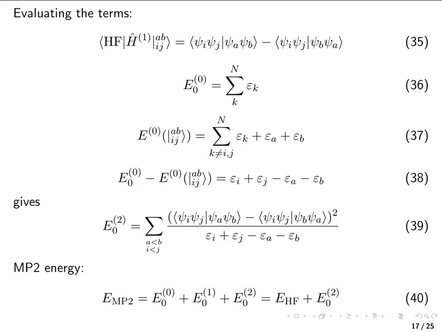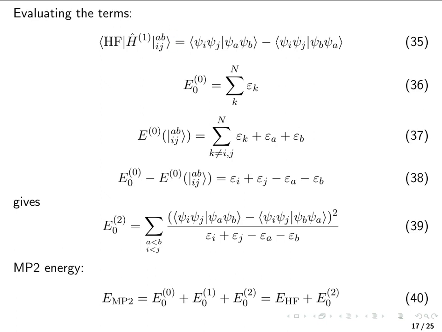Now remember that all the zeroth order energies are sums of orbital energies. So E0 is just the sum of all the occupied orbitals in the Hartree-Fock determinant. And the zeroth order energy of this double excited determinant is just the sum of the orbital energies of all the orbitals included in this double excited determinant.